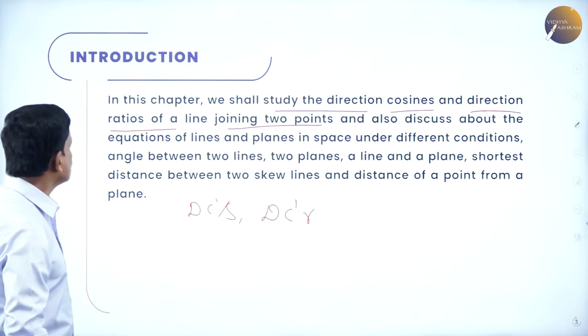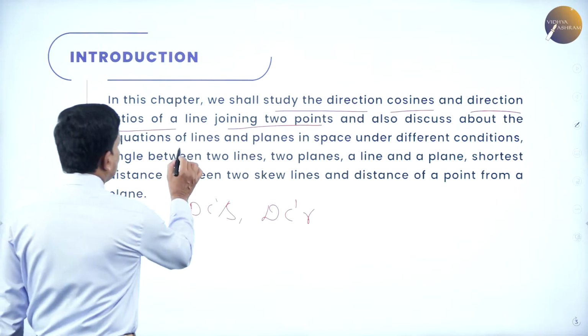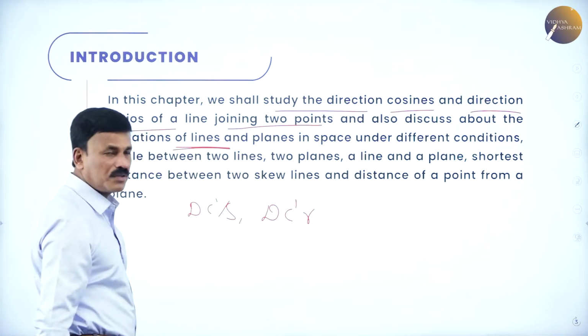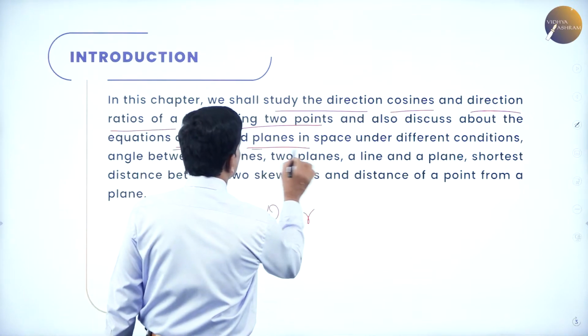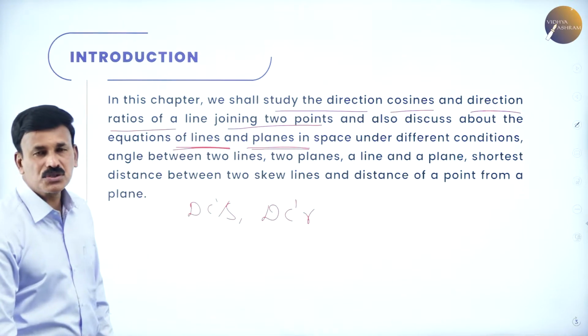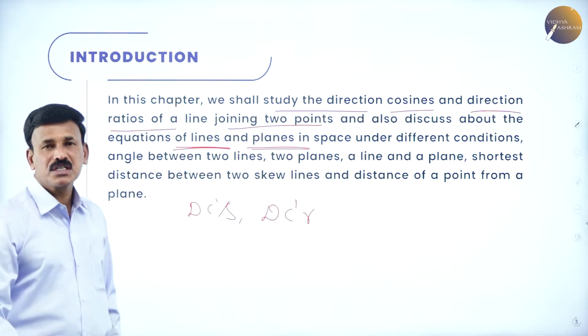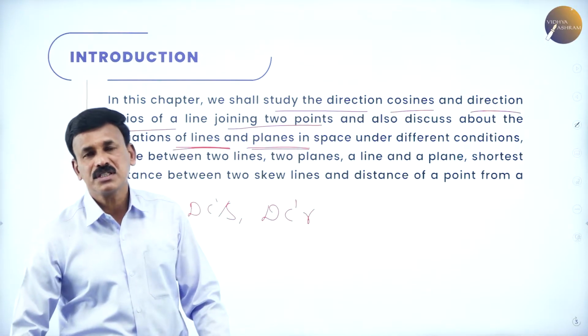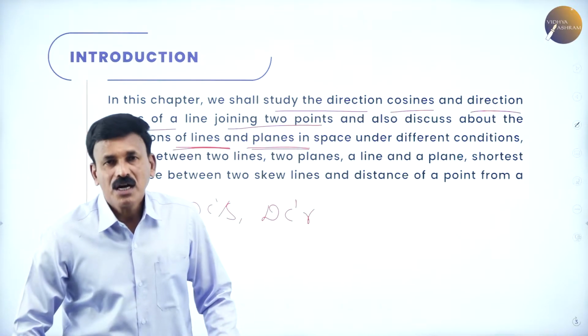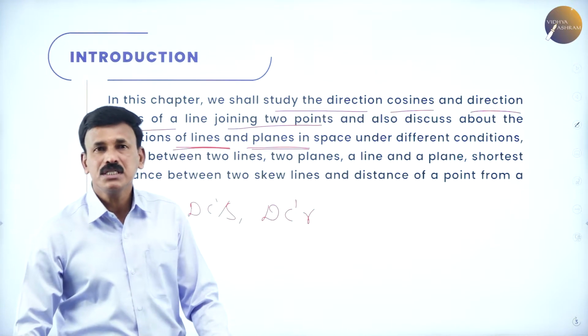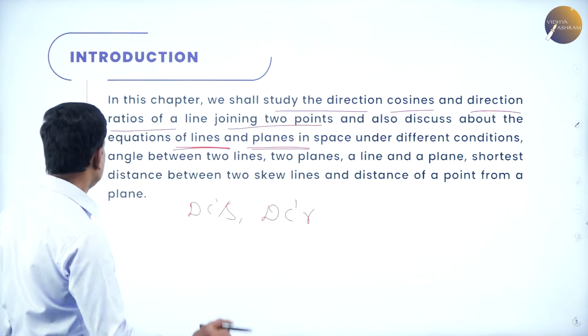We will also discuss the equation of lines, different forms of the equation of a line, and the equation of a plane in space. In this section we will discuss the derivation of different equations of the line and the plane in space under different conditions.